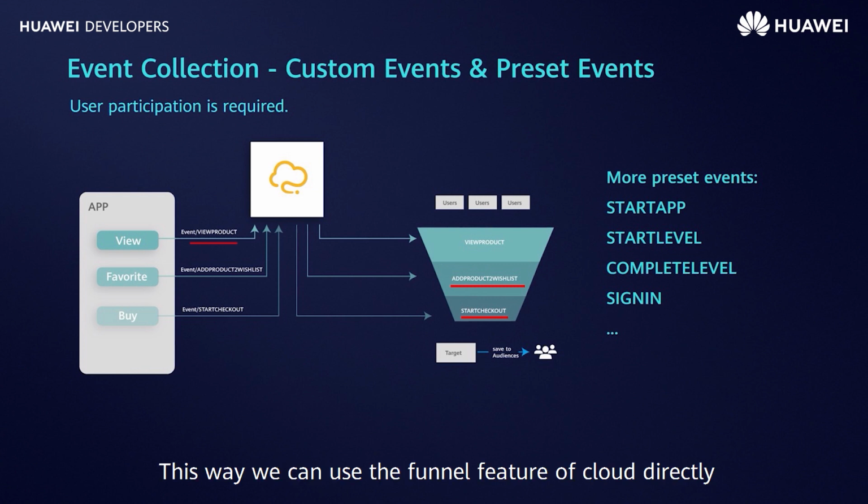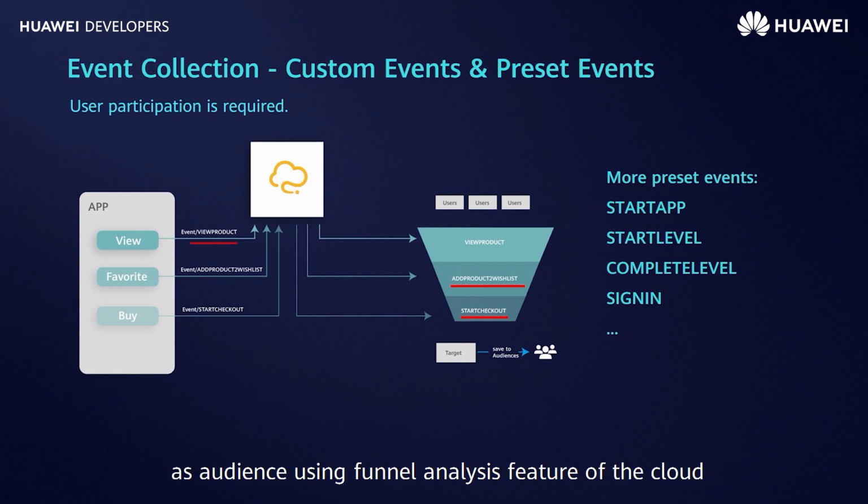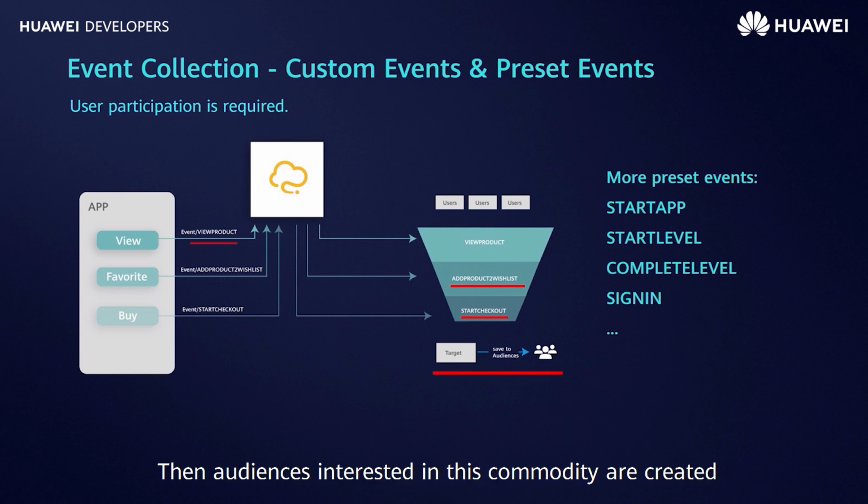This way, we can use the funnel feature of the cloud directly to create a commodity transfer funnel. Like we have introduced before, we use this funnel to filter the target user group that is interested in this commodity, and then save this group of users as an audience using the funnel analysis feature of the cloud. Then audiences interested in this commodity are created.